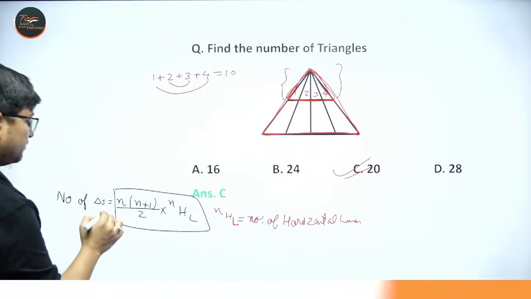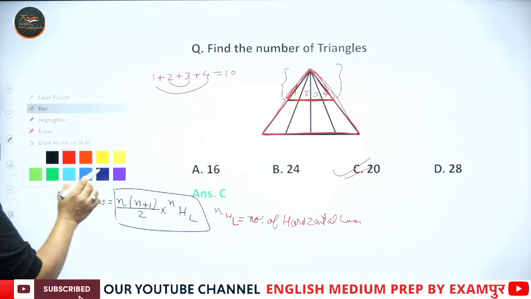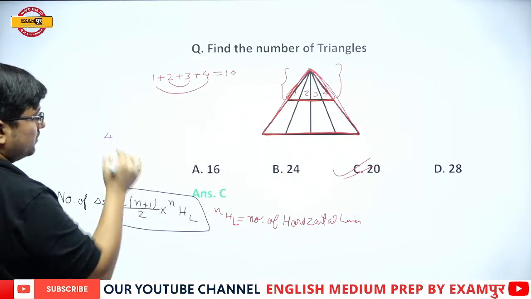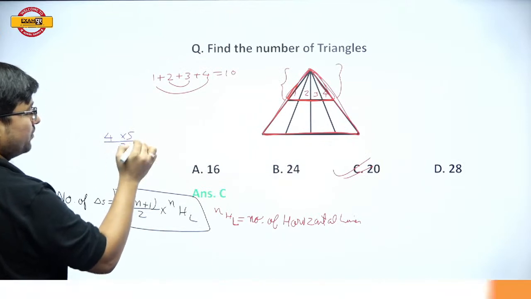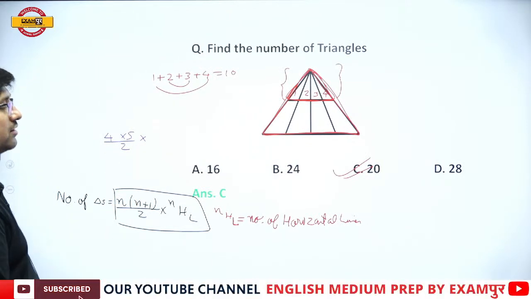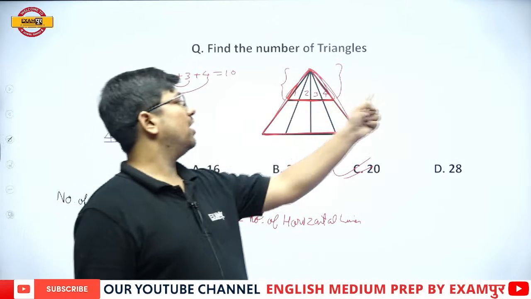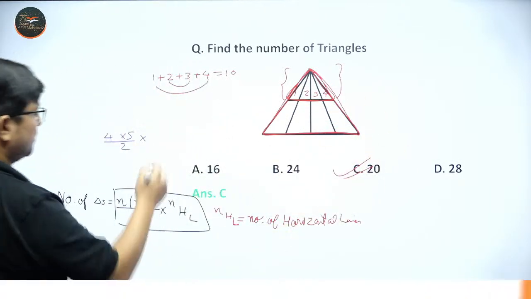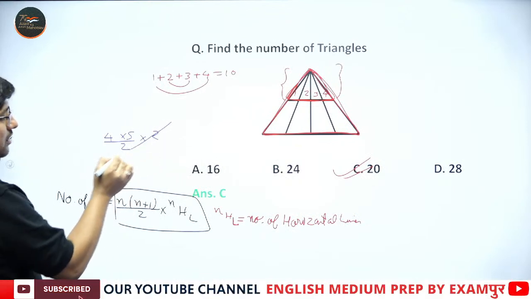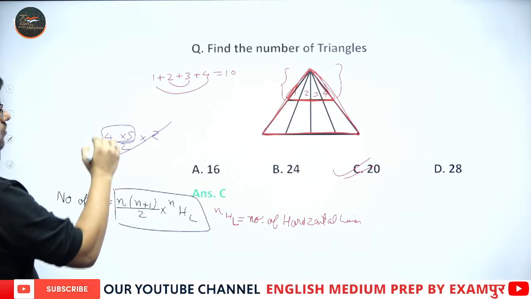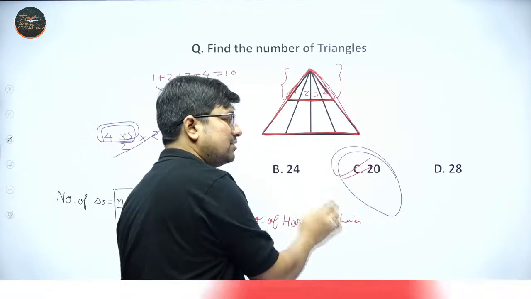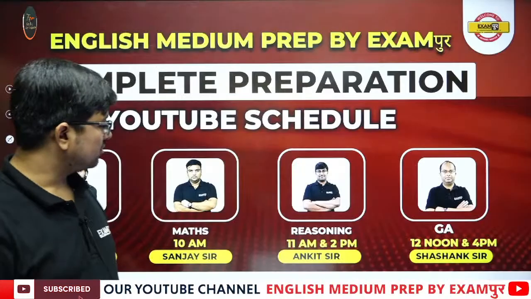Now n's value is 4, so 4 into 4 plus 1, 5, upon 2. The number of horizontal lines are 1 and 2. So the 2s get cancelled out, and only 4 5s are 20. That's the right answer, option number C, 20.